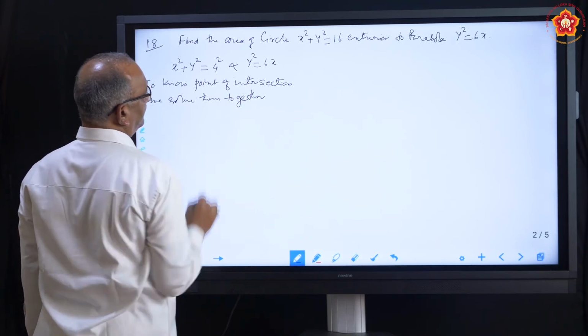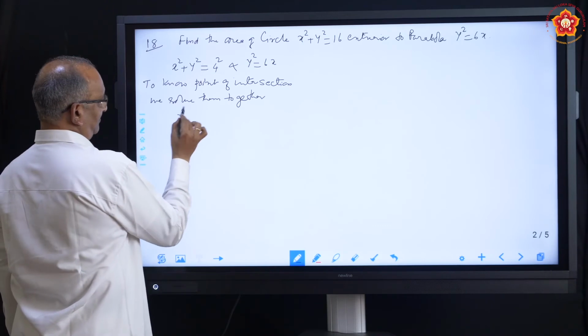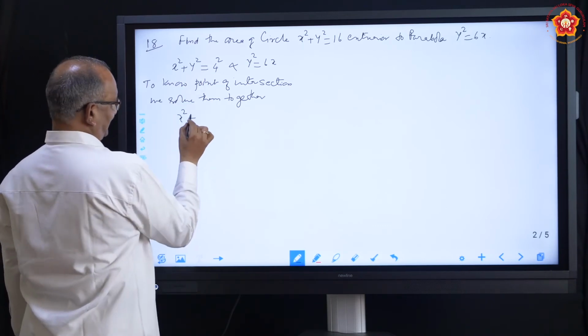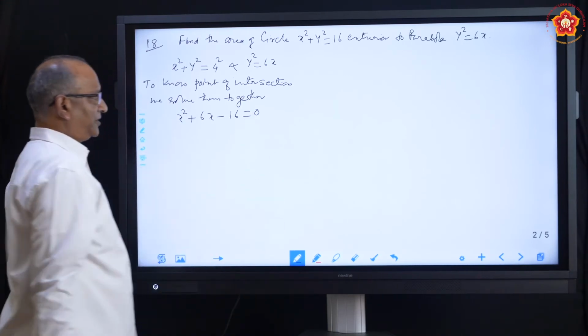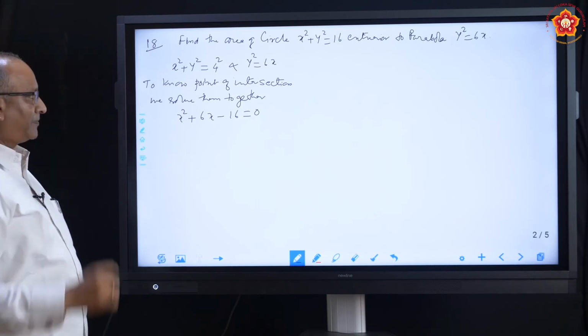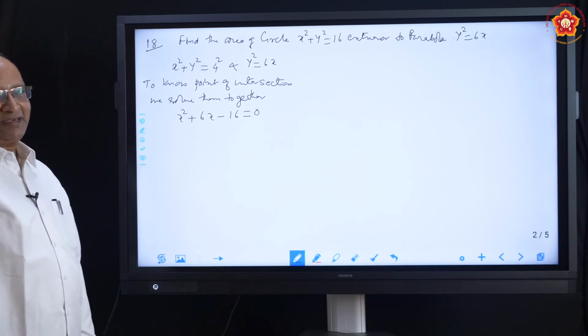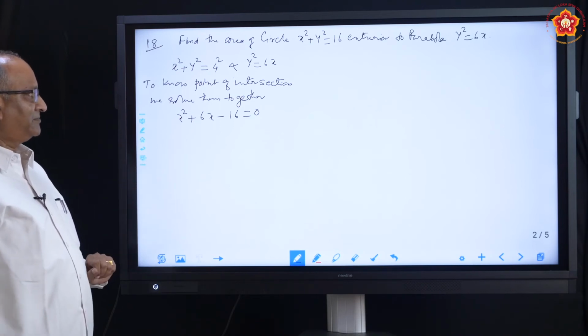How do you solve them? In place of y square, write 6x. So it is x square plus 6x minus 16 equal to 0. Can we directly factorize? Can we say 8x minus 2x?